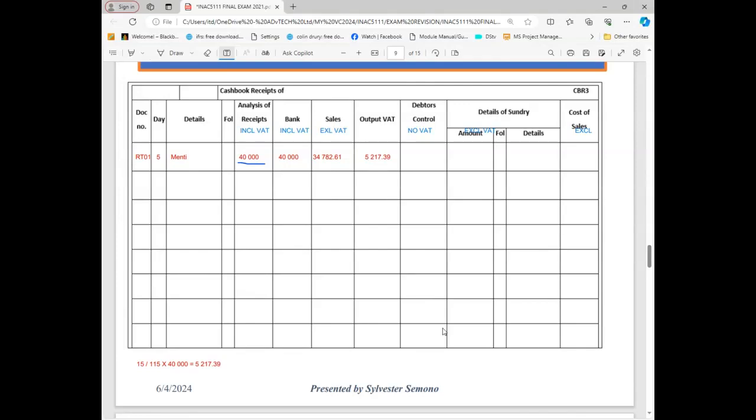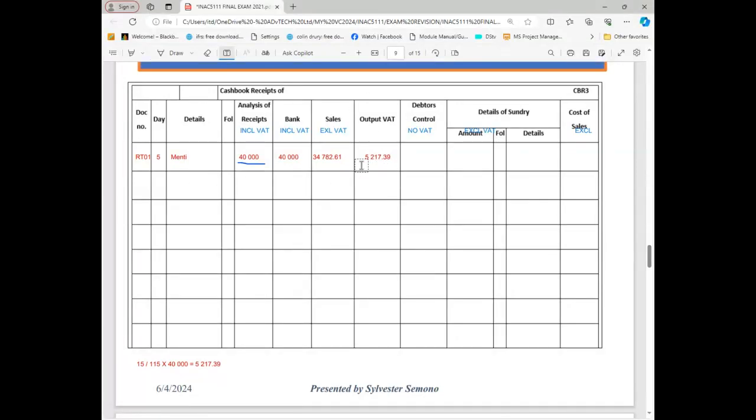So you must first calculate VAT, but you can still do this another way if you want. If you want to calculate sales first, obviously you were supposed to say 40,000 times 100 over 115. You will get this directly. Thereafter, say 40,000 minus 34,782.61, you get 5,217.39.